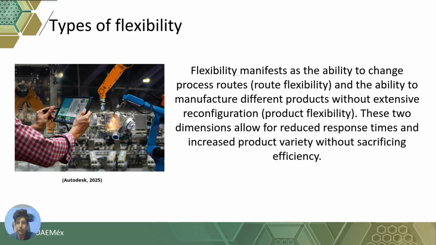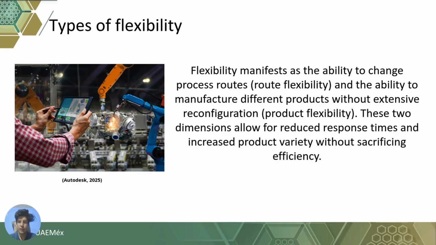Flexibility manifests itself primarily in two forms: routing flexibility and product flexibility. Routing flexibility means that a part can be processed through different machine sequences depending on availability or priority.